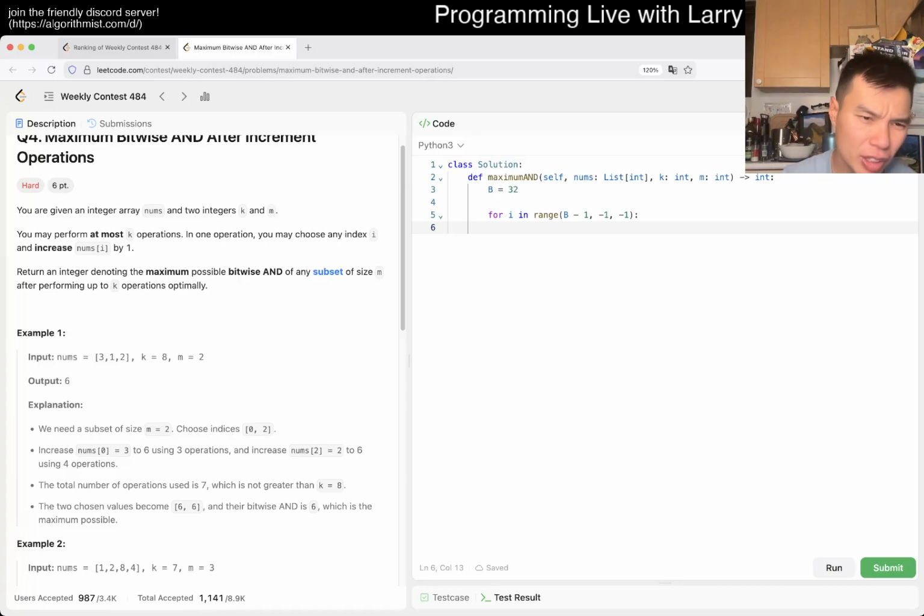And then we just keep sorting. There's only 32 sort of n, so I think that should be fine. Okay, yeah.